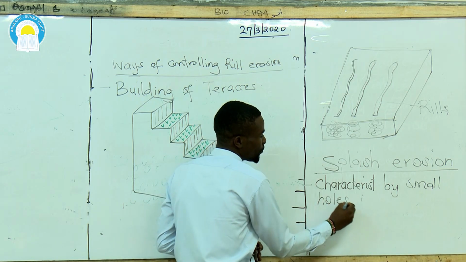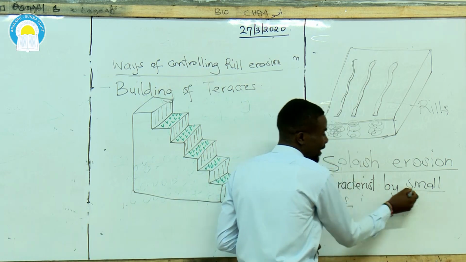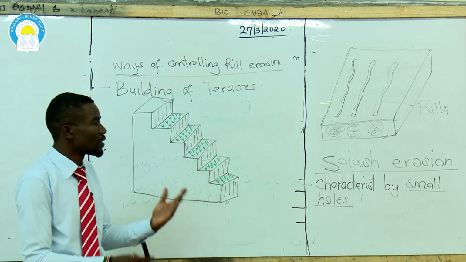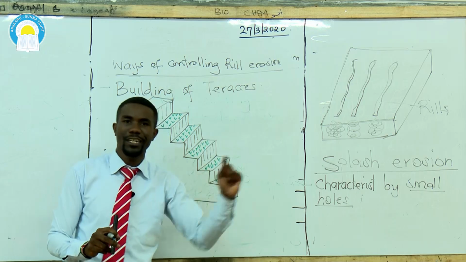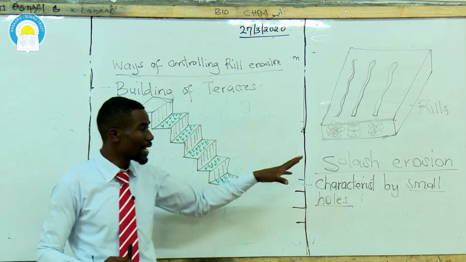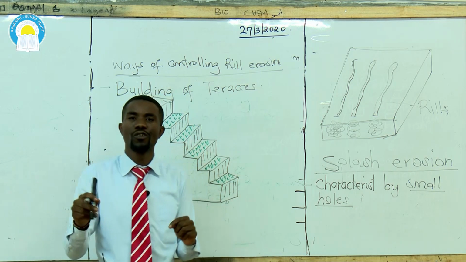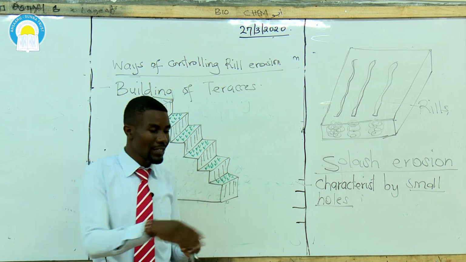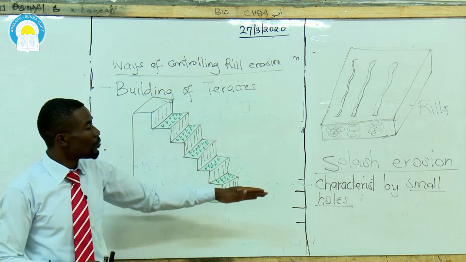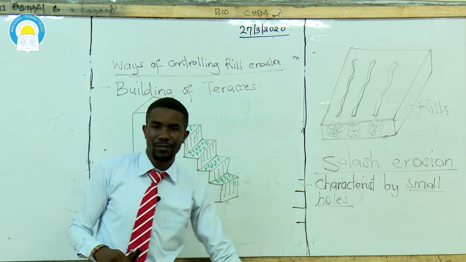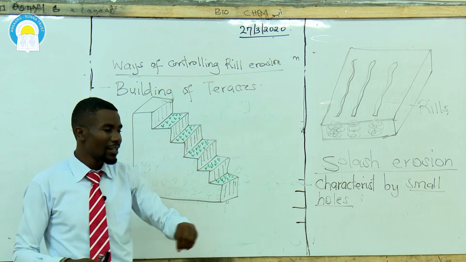There is a difference between small holes and small channels, so don't confuse the two. Rill erosion is small channels, but splash erosion is the small holes on the floor. So you must know the difference. When you see these small holes, that means it was raining.